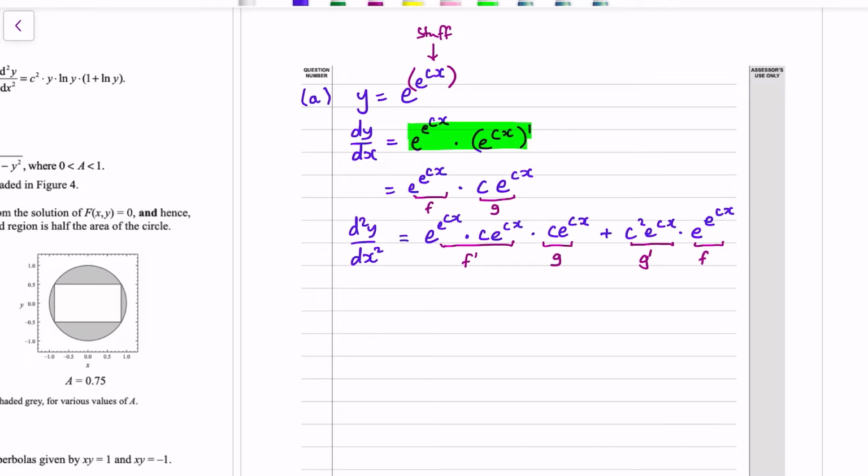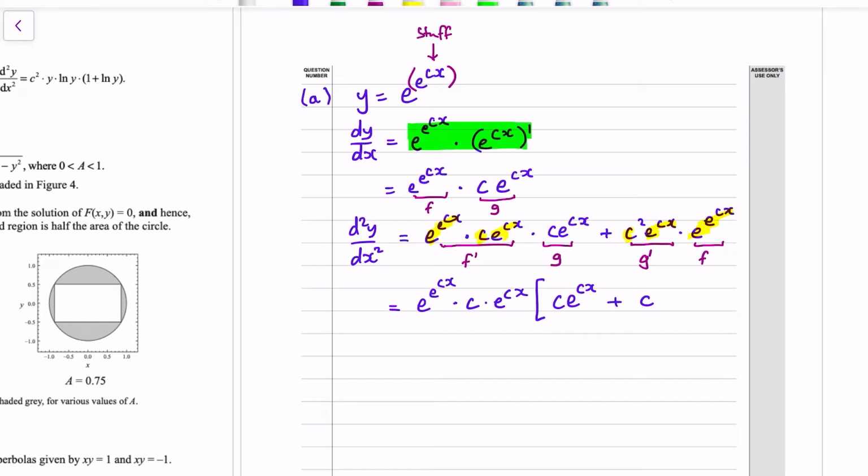Now there are some common factors in this. We can pull out e to the cx out of both terms. It's there, it's also there. We can pull out a c, and we can pull out an e to the cx. So, with leftover stuff, we need another c e to the cx in the first term, and we need another c.